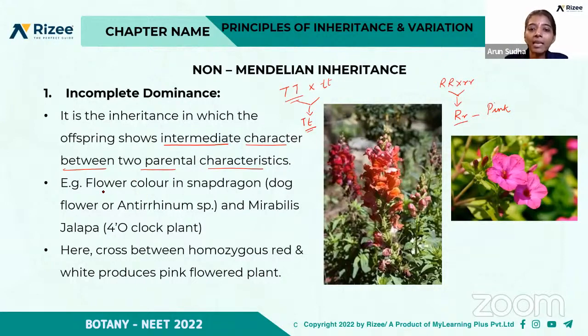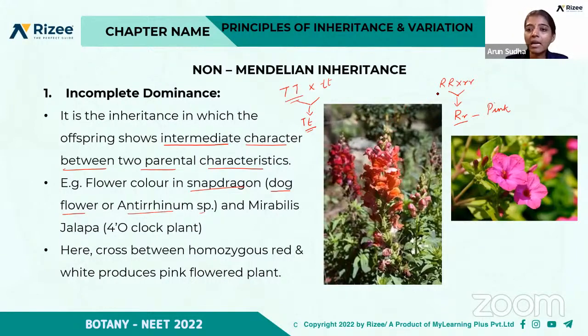Here the example is the flower color in snapdragon, also called dog flower or Antirrhinum species. It is a well-known example for incomplete dominance. The same type of inheritance as Mendel explained was not observed in all plants; some also show intermediate characters. What does this indicate?